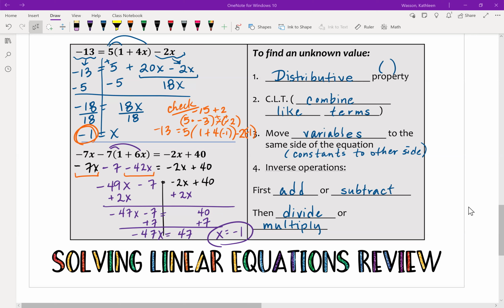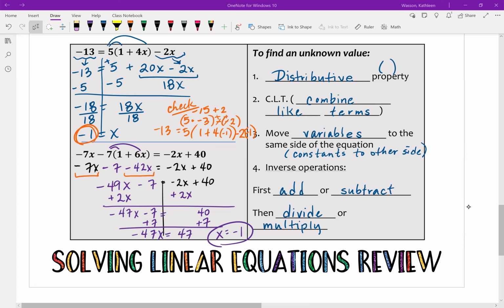I finished working out the last problem, and I found that x is equal to -1. Here, where I distributed first, make sure when you distribute, if the number that you're distributing is negative, that you also distribute the negative sign.